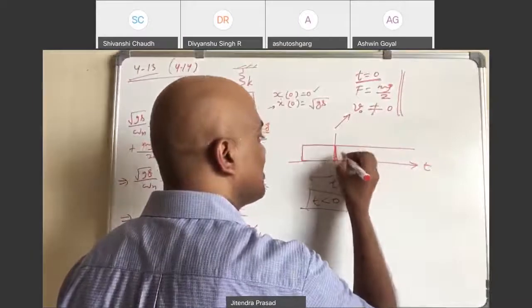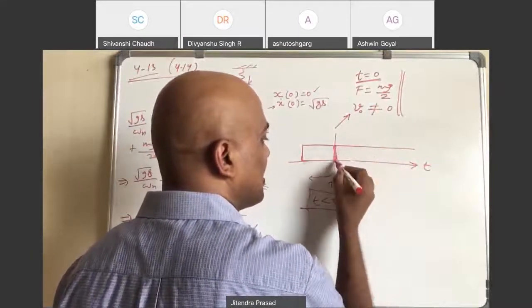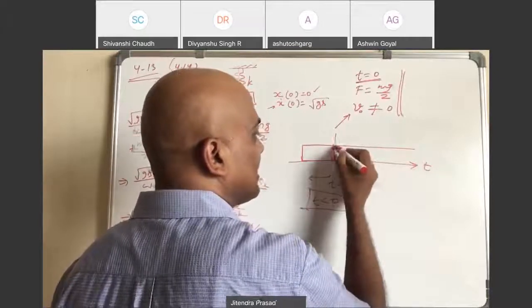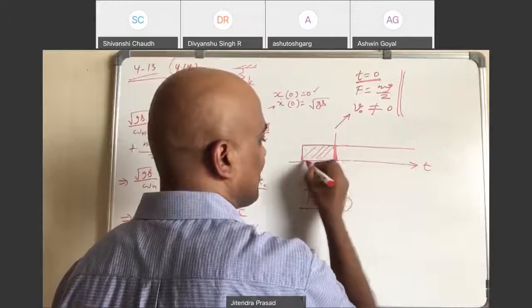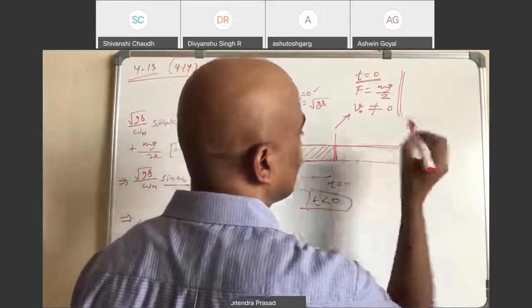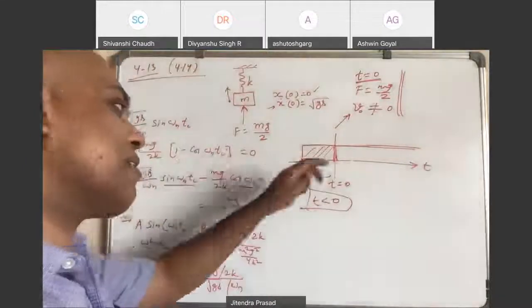So you are assuming that before t equal to 0, this is not there, basically. Or think of this differently, if you are not convinced this way.